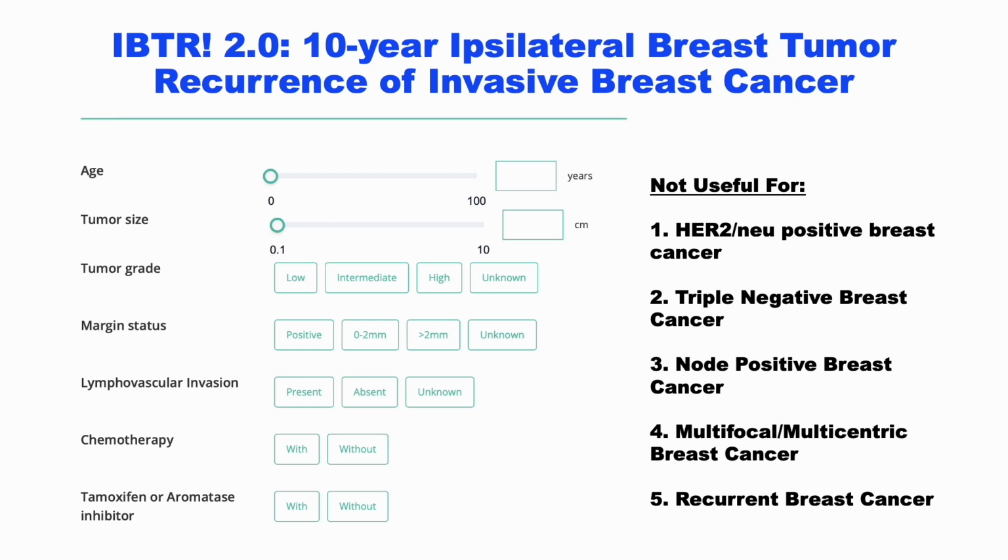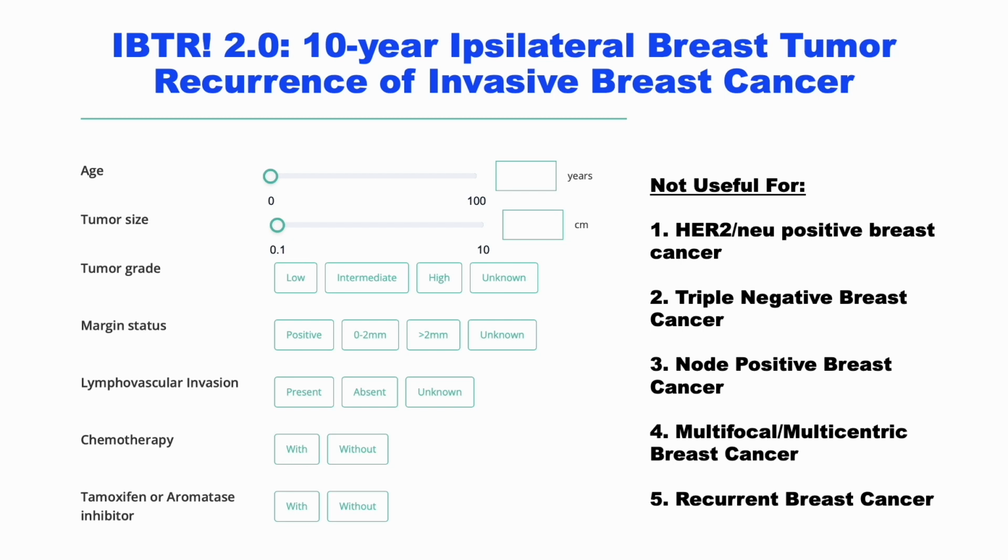However, the 10-year risk of recurrence amongst patients with early-stage breast cancer can be estimated to a reasonable degree by using the online tool IBTR 2.0, which can be found online by searching for IBTR 2.0.